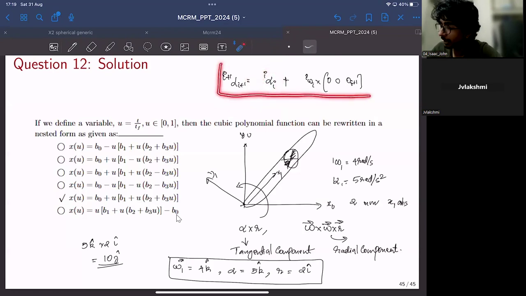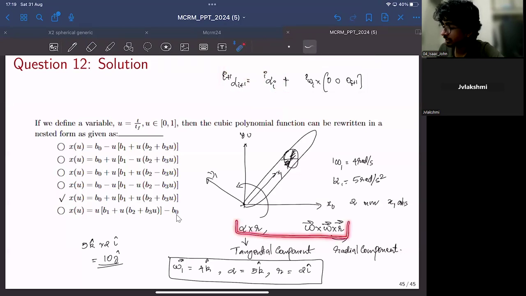You don't really have to apply this equation. If you want the components of acceleration, you only need the elementary equations, alpha cross r and omega cross r, because the question clearly specifies that you need to find the acceleration of the center of gravity with respect to link local frame 1, so you can express it with respect to x1 and y1.